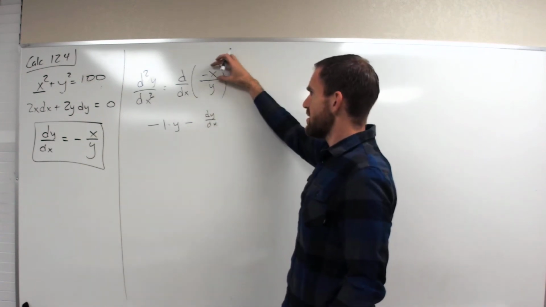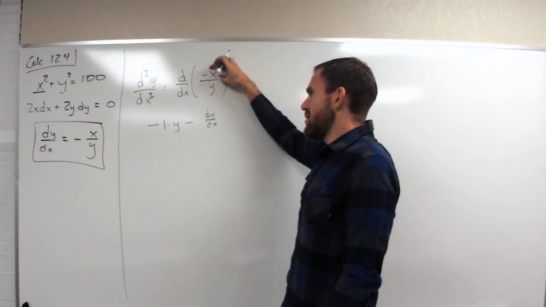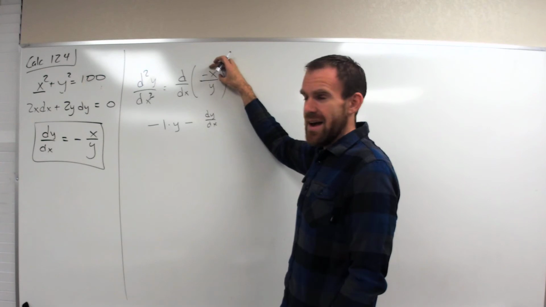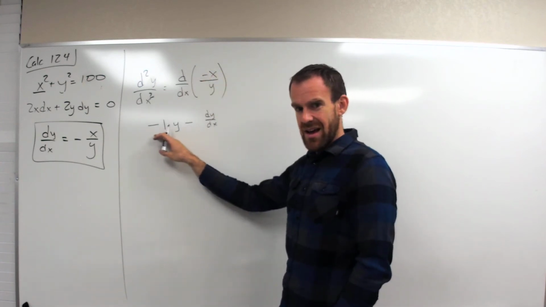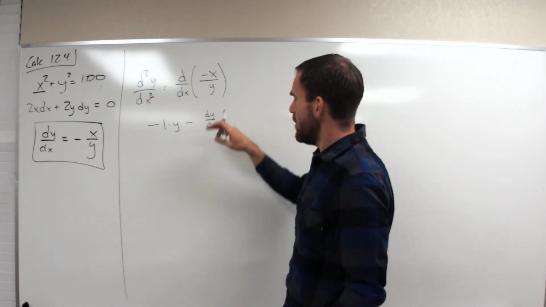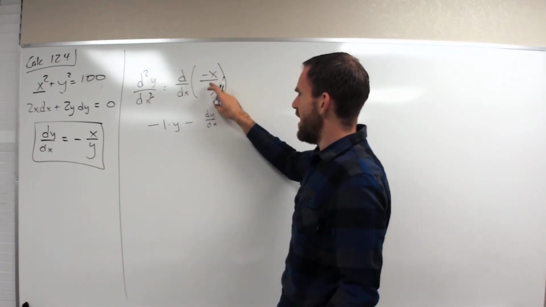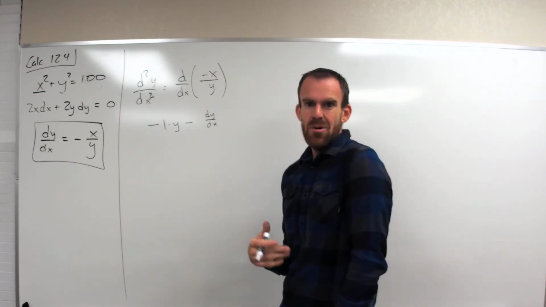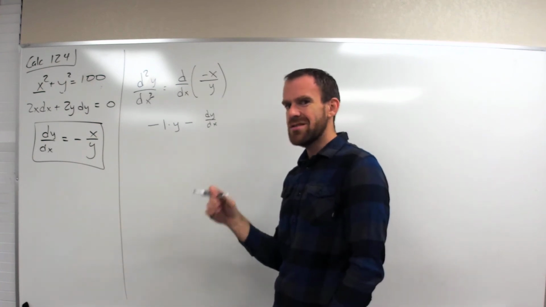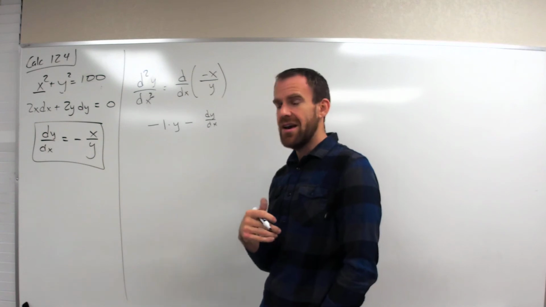When we took the derivative of x, it was 1 or negative 1 dx, so the dx's cancel, and there's no dx here. But when I take the derivative with respect to x of y, I get dy by dx. That's what we've been doing this whole time, right? You have y equals something, you take the derivative, you get dy by dx.